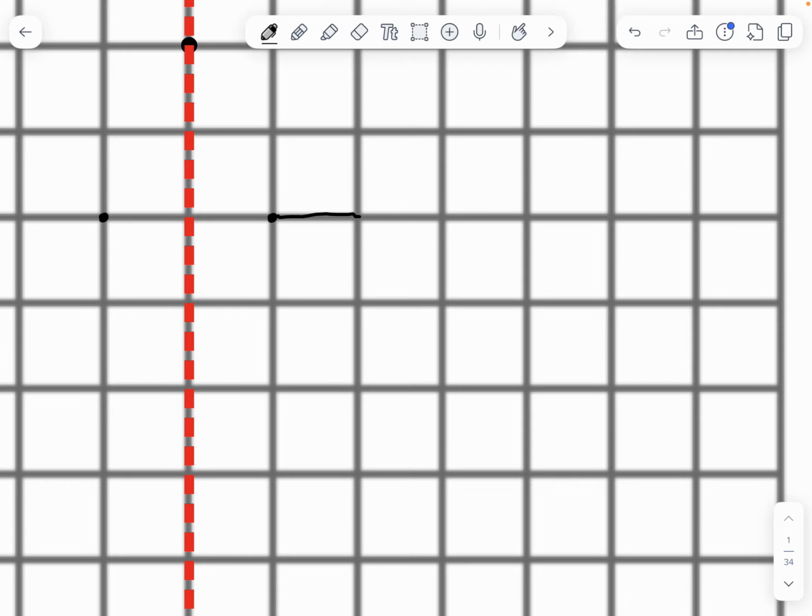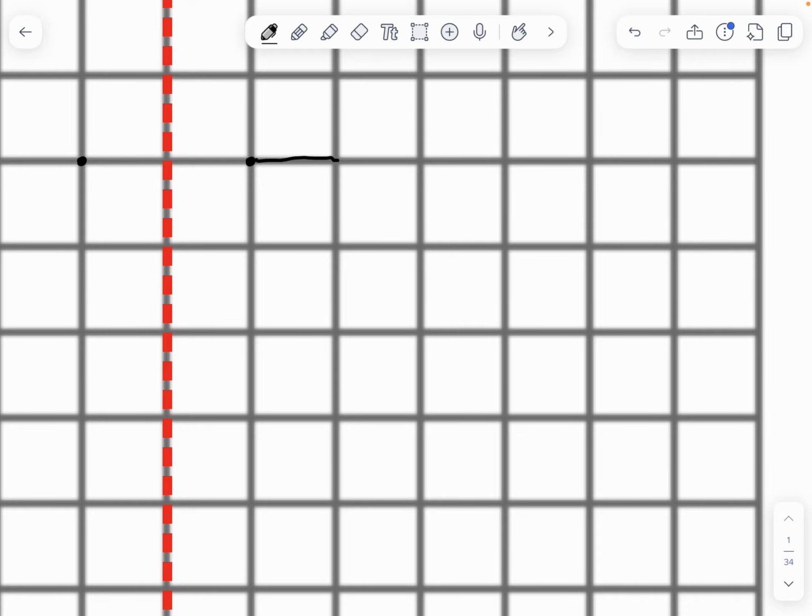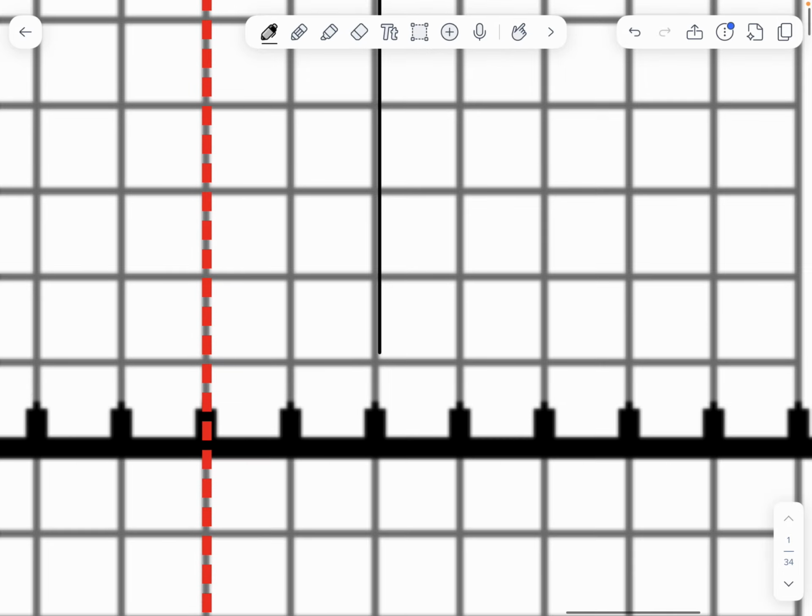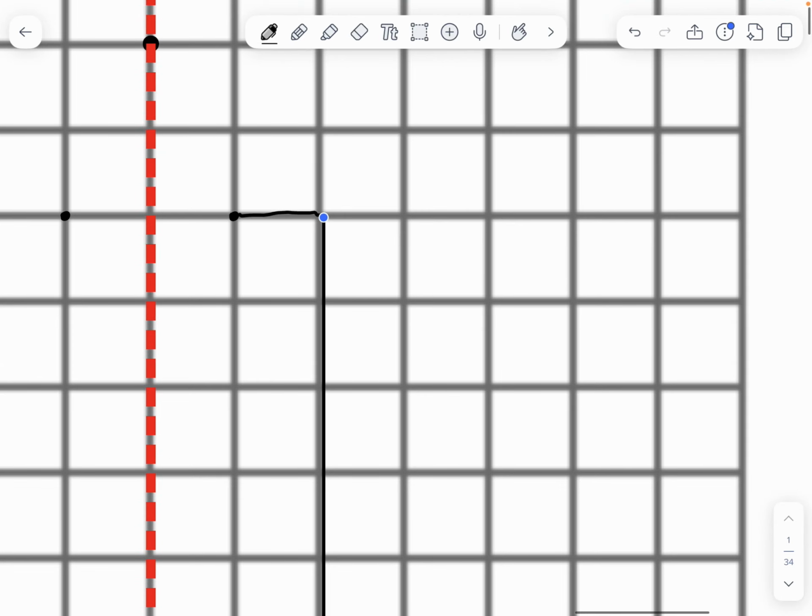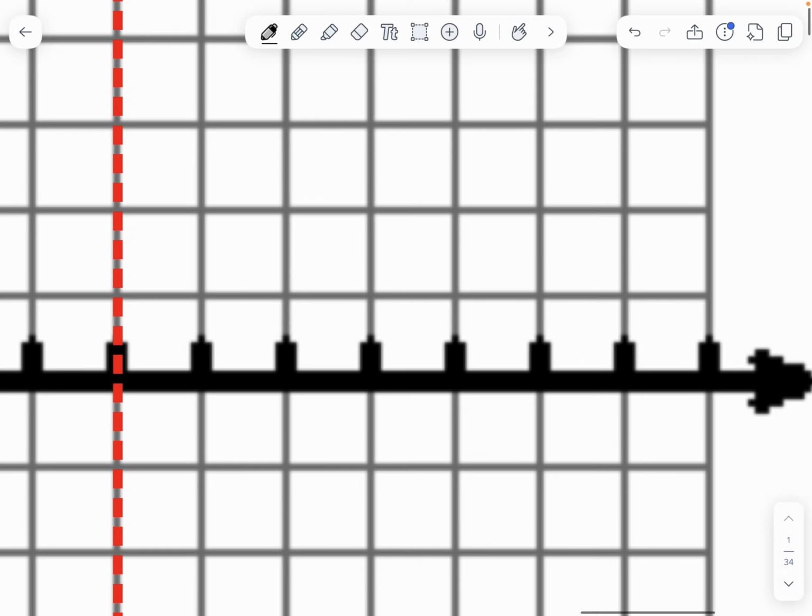And then 1 out, and then 6 down. So that's 4, that's 5, and that's 6. Okay, so then our point should be right there.